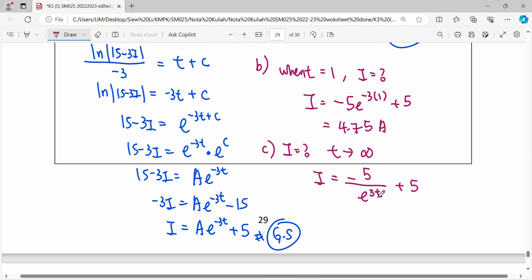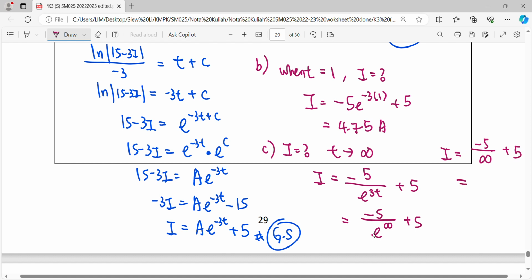So when t is infinity, e will be to the power of infinity, because 3 times infinity is infinity. When e is to the power of infinity, it will be infinity.